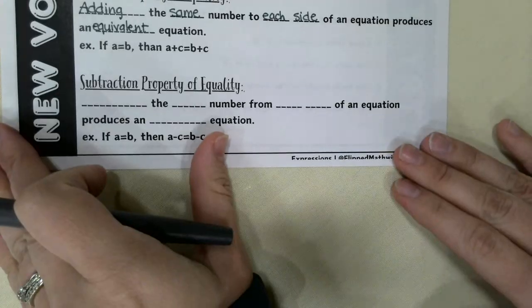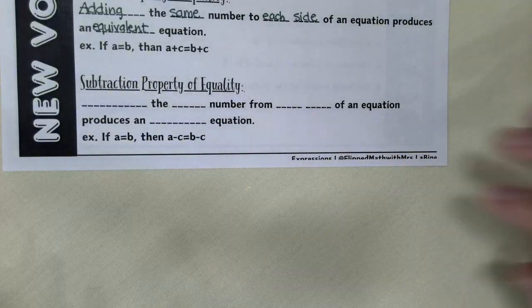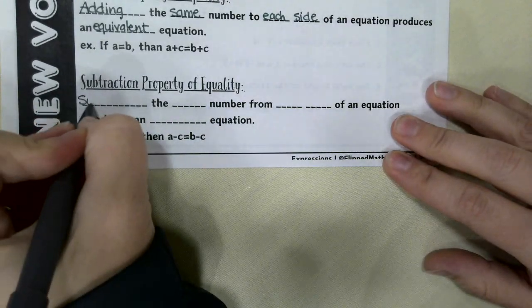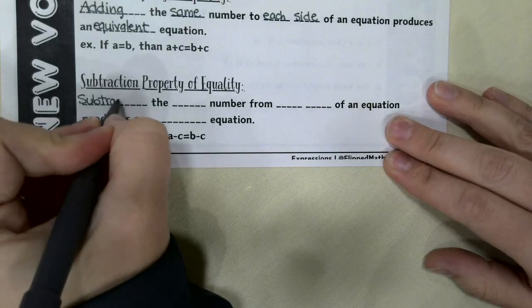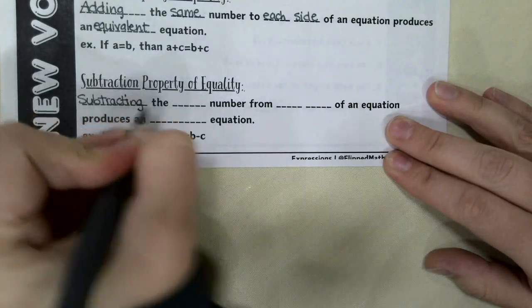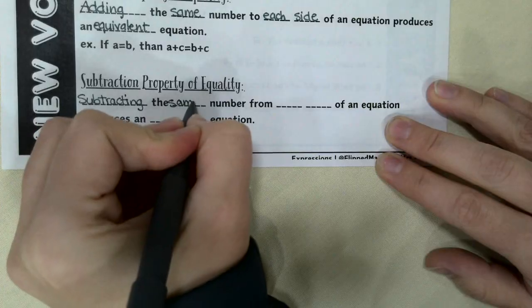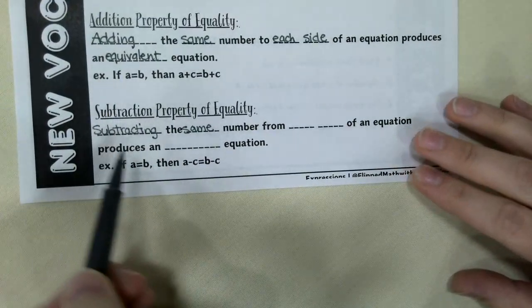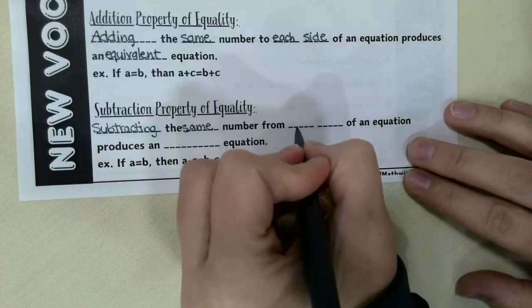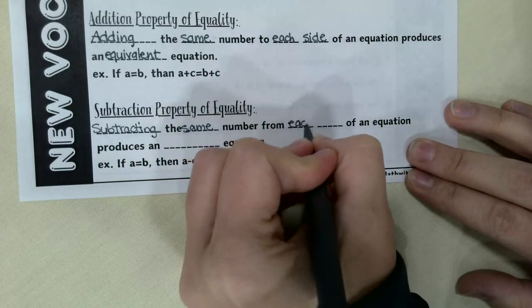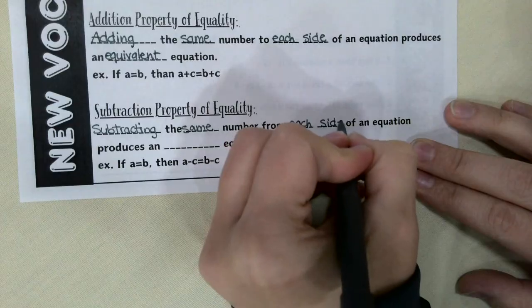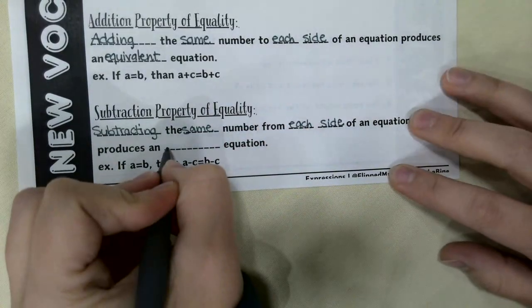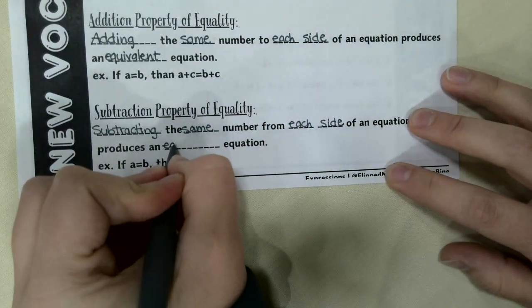Okay, let's look at the subtraction property of equality. Subtracting the same number is the opposite of what we did for our addition property. So we subtract the same number from each side of an equation, and it produces an equivalent equation.